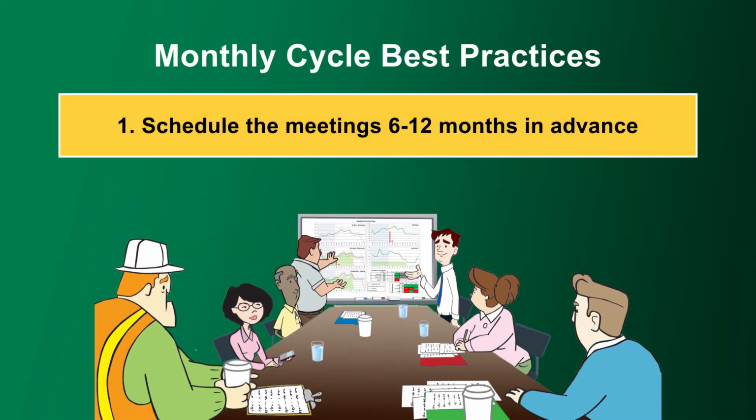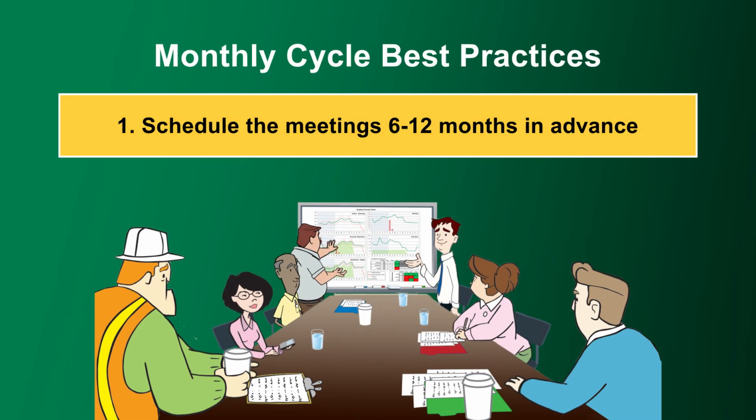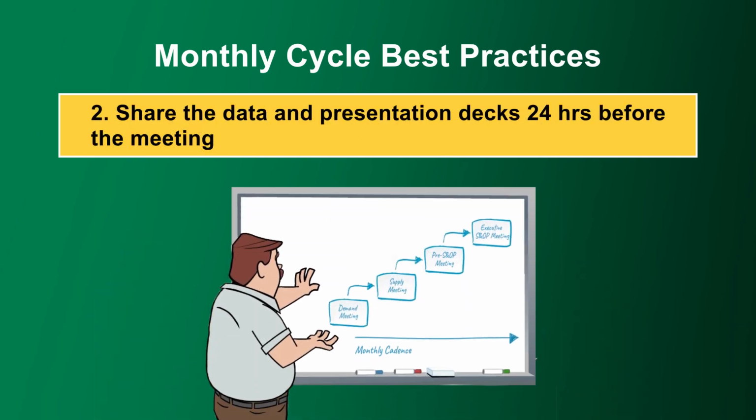Some other best practices to improve the effectiveness of the process are: schedule the meetings 6 to 12 months in advance. This will build it into a repeatable monthly process. Share the data and the presentation decks 24 hours before the meetings. This will allow people time to prepare for the meetings and review the data ahead of time.